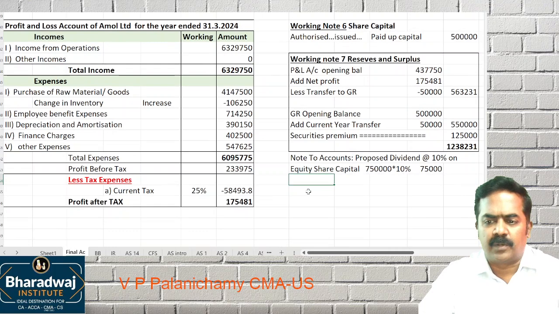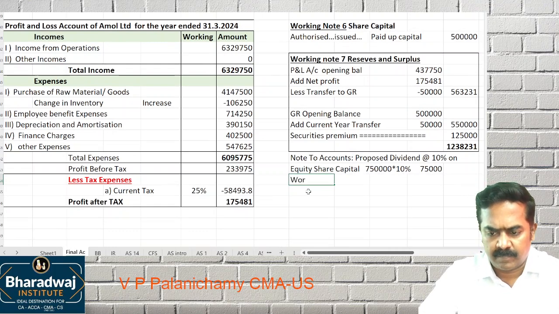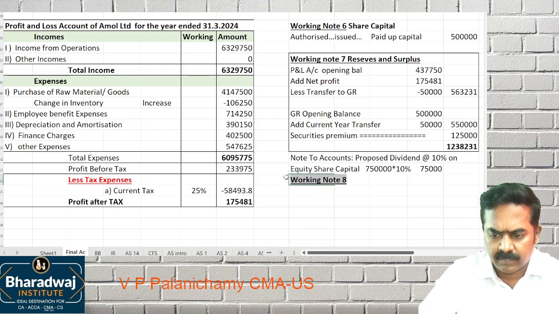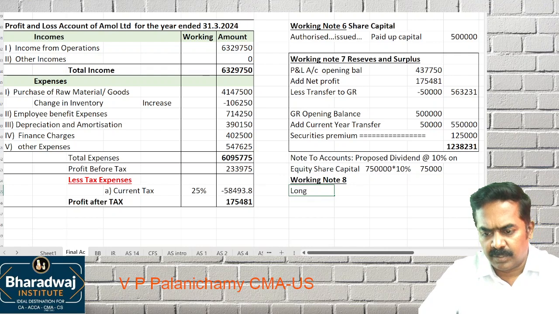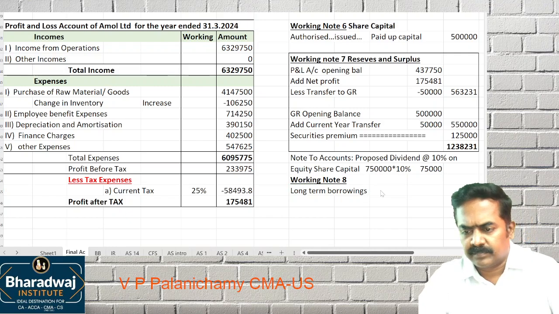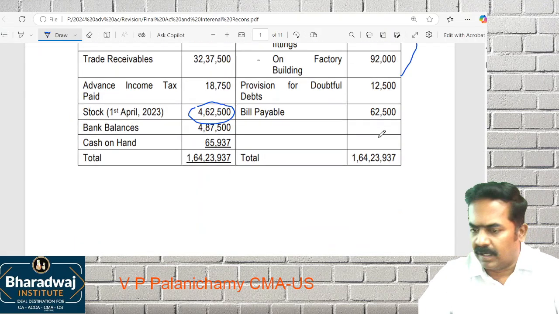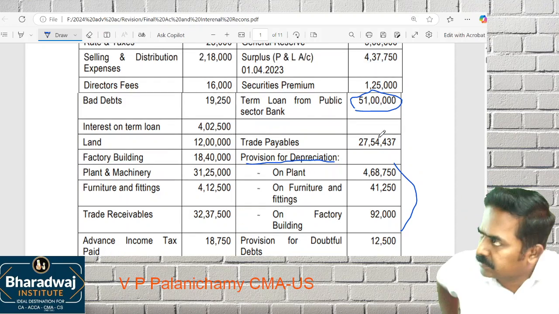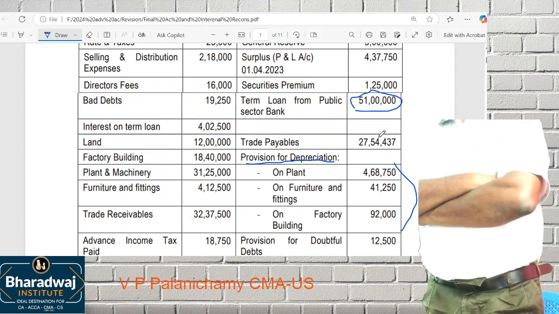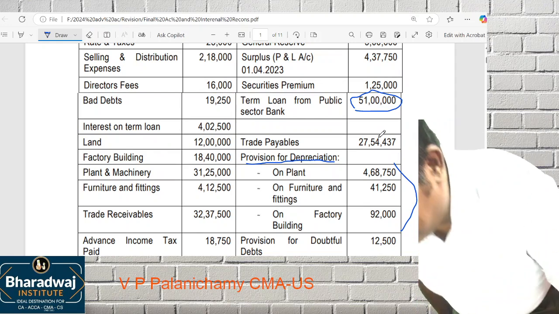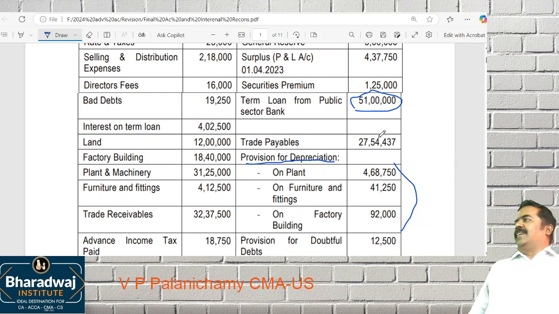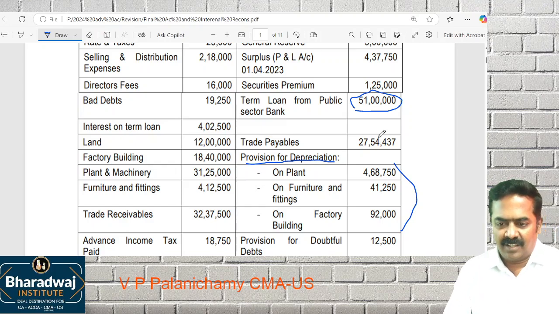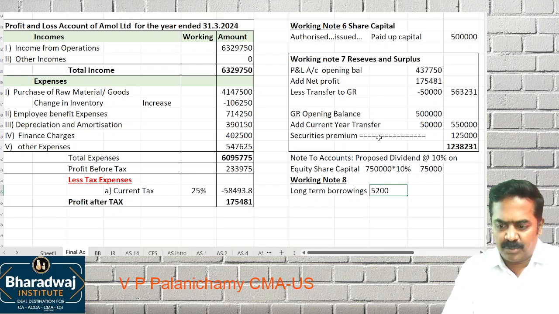So in the balance sheet, what is the next working note required? Long-term borrowings. What is the total long-term loan? 51 lakhs. Long-term loan is 51 lakhs, which includes current maturity.